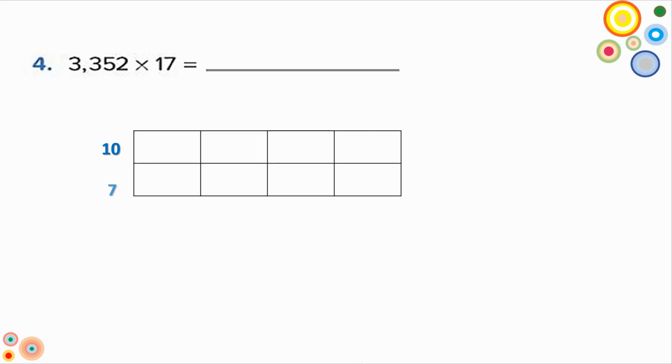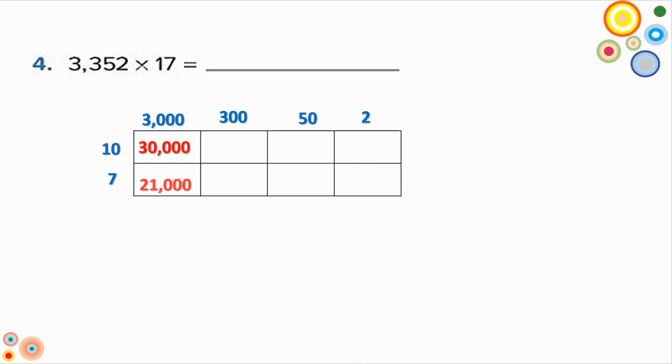So 10 and 7. Go to the other number, 3,000, 300, 50 and 2. Multiply each other. 10 times 3,000, it will be 3 times 1 equals 3. And how many zeros do we have? 3 zeros and another 1, so it will be 4 zeros.